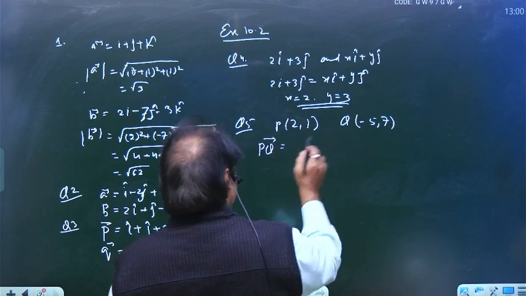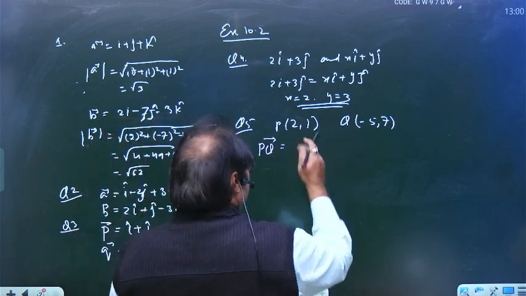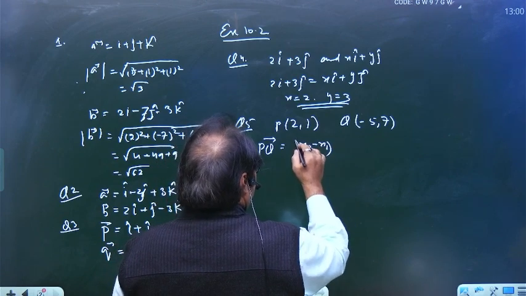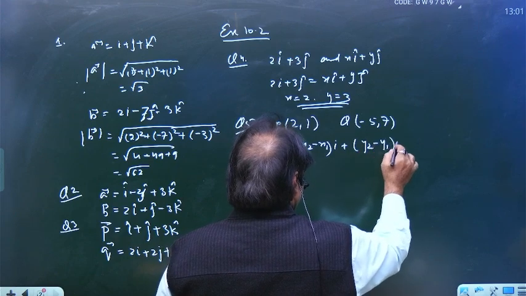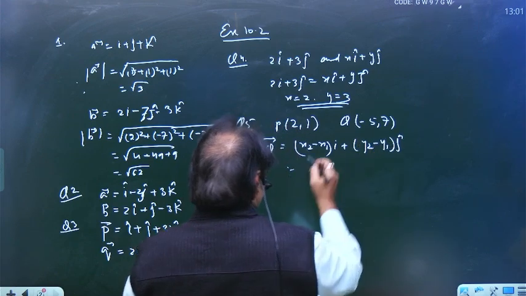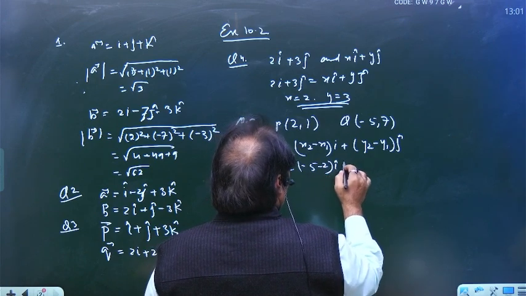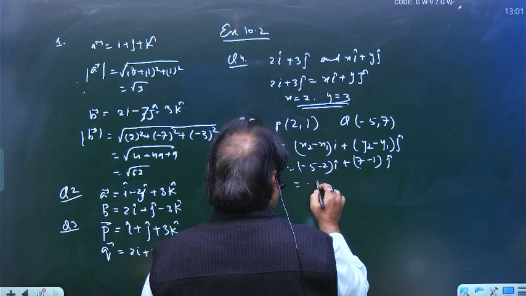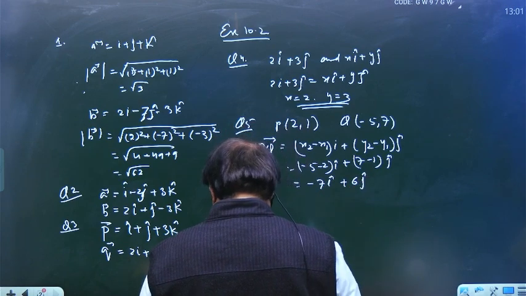By applying the formula for joining 2 points, x2 minus x1 i cap plus y2 minus y1 j cap. So x2 minus x1 means minus 5 minus 2 i cap and plus 7 minus 1 j cap. So finally it is minus 7 i cap and plus 6 j cap.